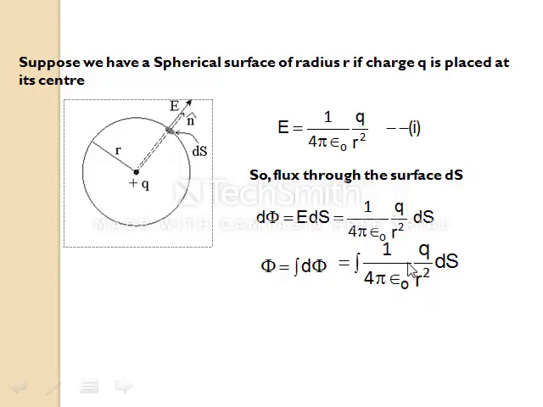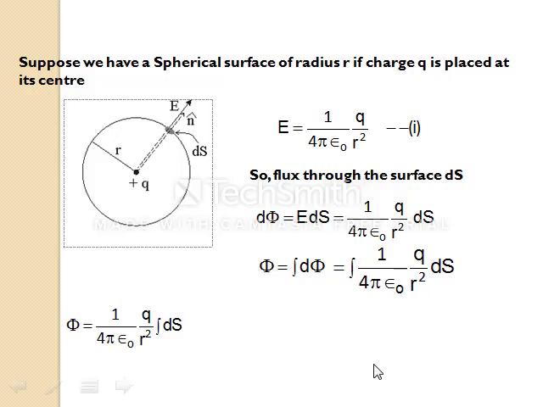Now in this expression, this term 1 by 4 pi epsilon q by r square is constant. As this is constant, this can be brought out of this integral sign. So our equation will reduce and would take this form. This constant term is brought out of the integral sign. Now this integral ds is this part.